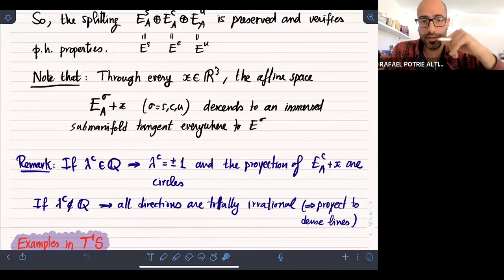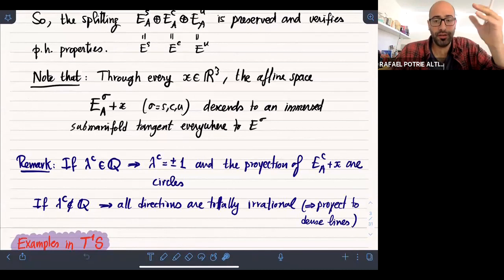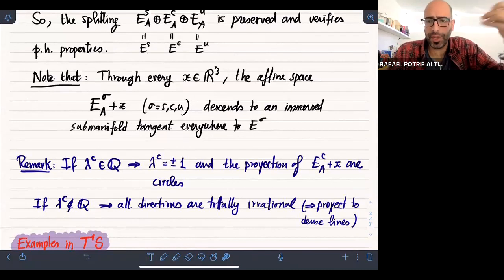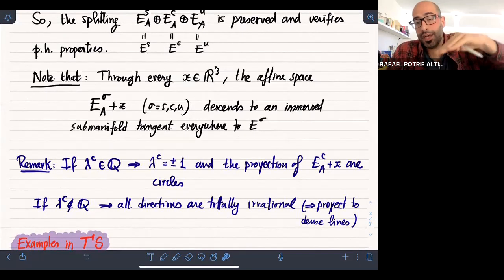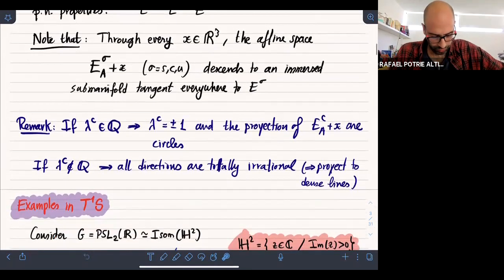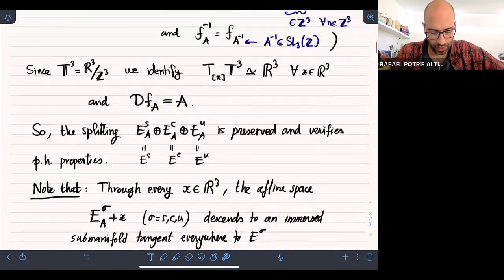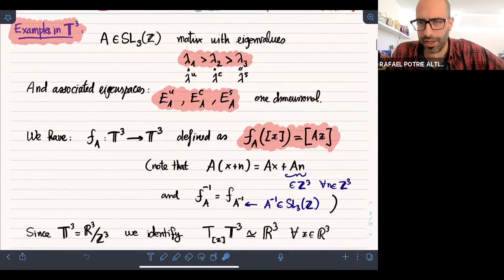This is something you can see. And if you have one, then it's more complicated, because the eigenspace associated to the eigenvalue larger than one is dense in a submanifold of T3, which is another torus. Okay, so this is what I wanted to explain about the examples in T3.